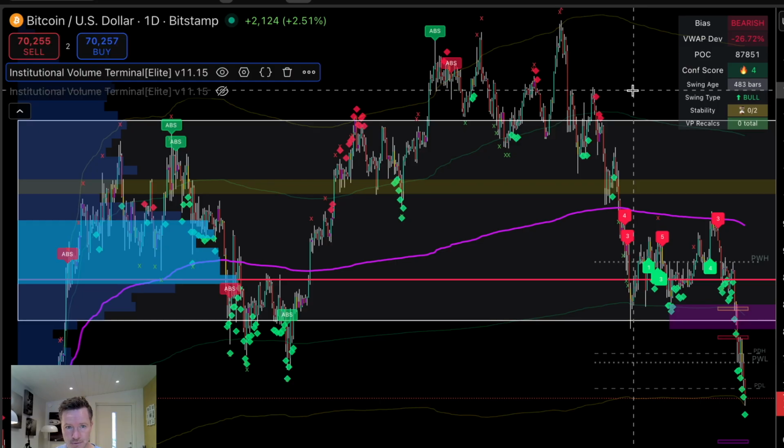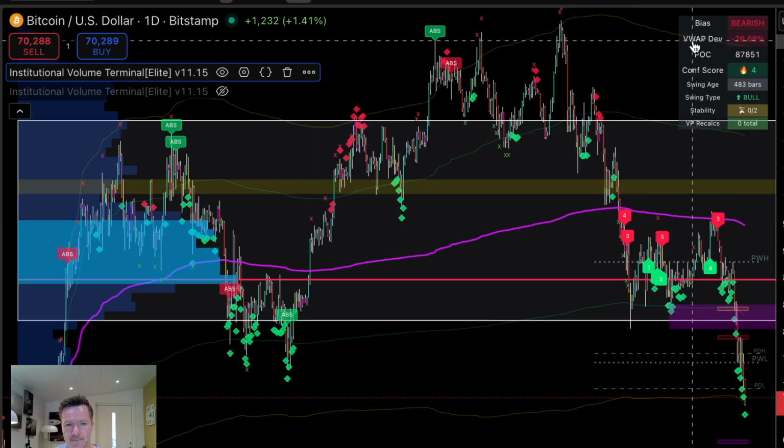The indicator scores each setup from 0 to 10. High confluence, that's institutional grade opportunity. Low confluence, stay out. So this isn't retail support and resistance guesswork. This is tracking where institutions are actually positioned mathematically with volume proof.